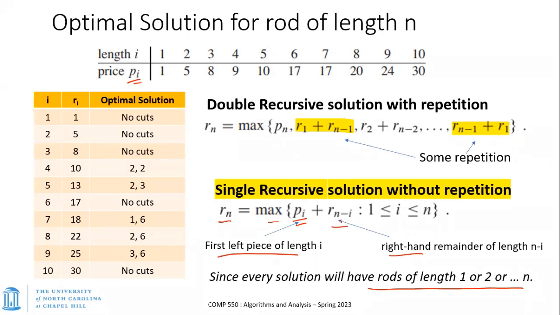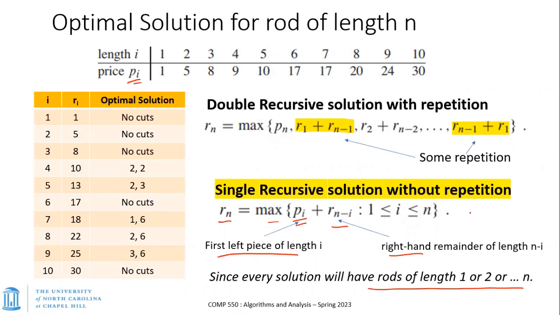The other piece, the right side, can now be done in a recursive way. The rest of the piece is n minus i. So we've taken size 1 and done a recursion on n minus 1. Then we looked at possible solutions with an uncut rod of size 2, and then done a recursion on n minus 2, and so on.